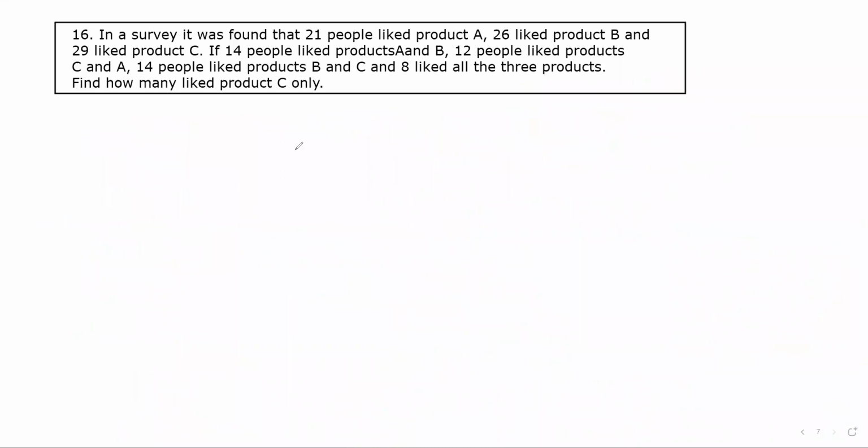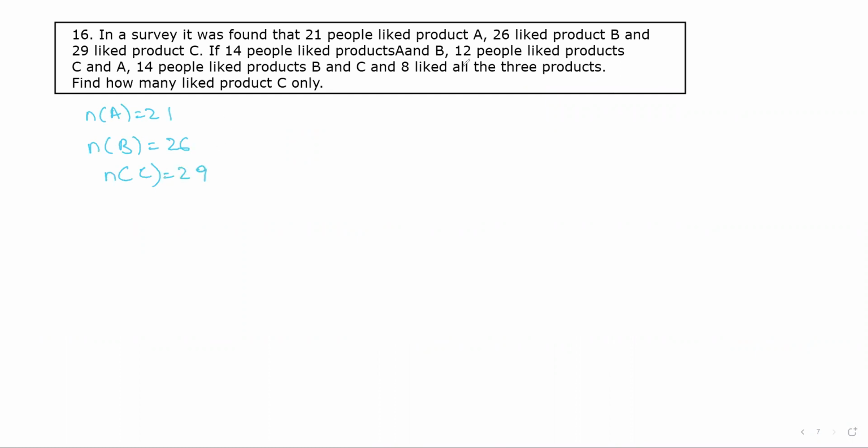In a survey, it is found that 21 people liked product A, 26 liked product B, and 29 liked product C. So you have n of A is equal to 21, n of B is equal to 26, and n of C is equal to 29.